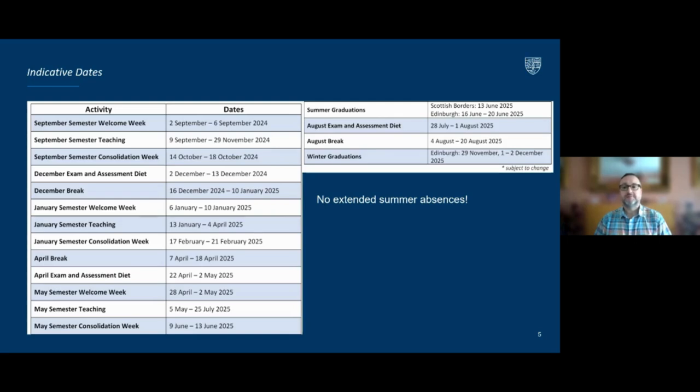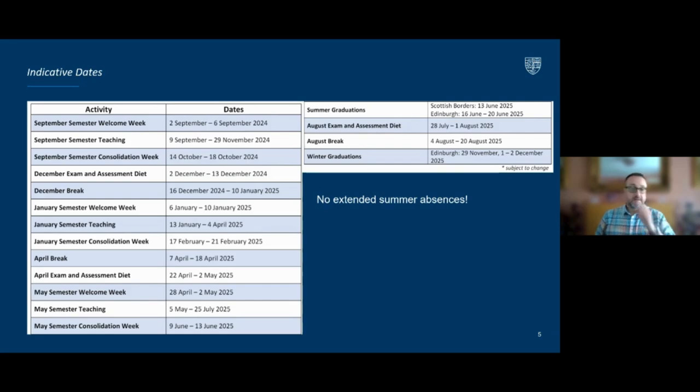And the winter graduations, as you can see, in Edinburgh, are on the 29th of November and the 1st and 2nd of December. So should you be successful, and you almost certainly would be, your graduation in Edinburgh would be one of those 3 dates. It is subject to change, but at the moment it's planned for one of those 3 dates.